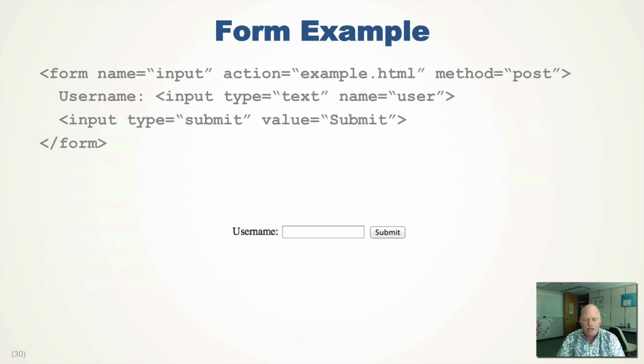The text value in that text box will be put into the request body and sent to example.html. And that's what that renders without any styling. That's the default base rendering. So the input type submit is a submit button which will cause the client to create the HTTP request to example.html.